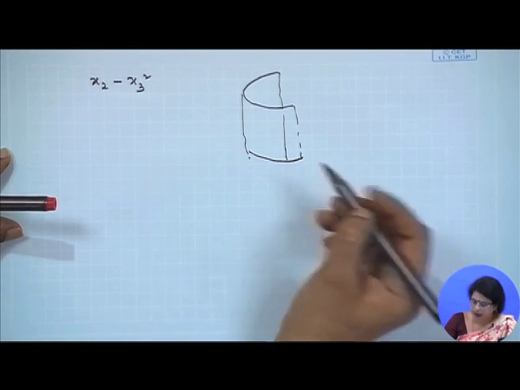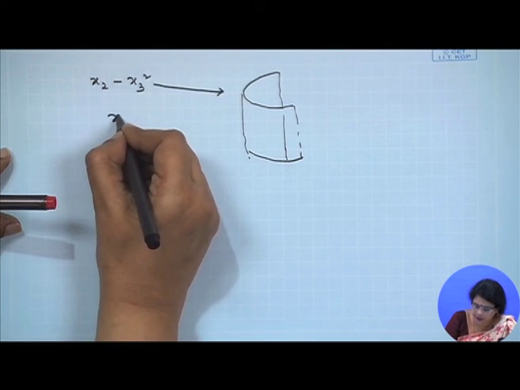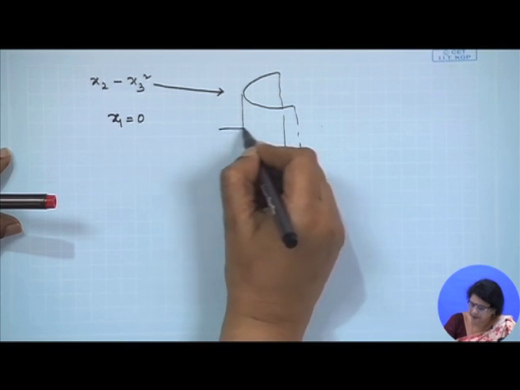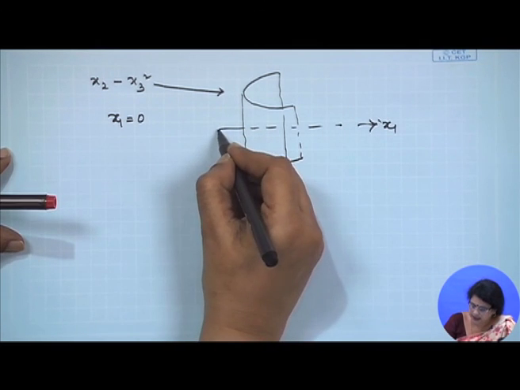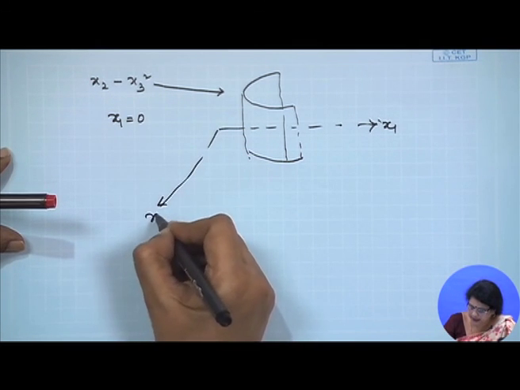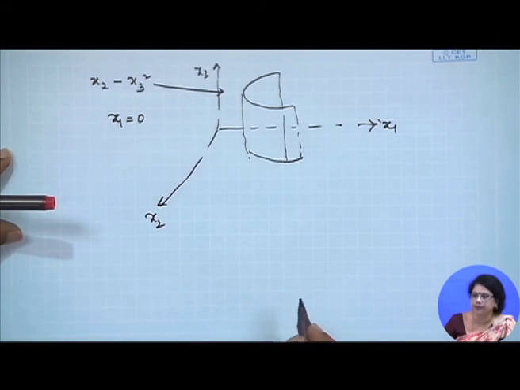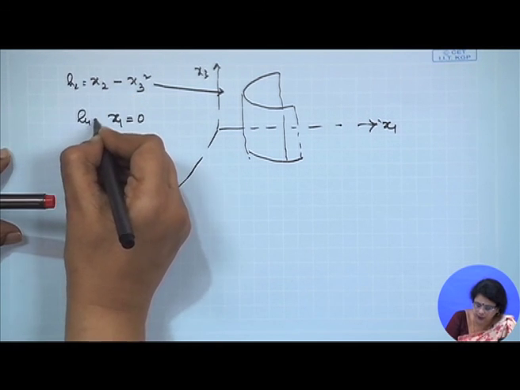Now, this is the surface. There is another constraint for you, x1 is equal to 0. This is the x1 axis, this is the x2 axis and this is the x3 axis, 3 dimensions. This is your h2, this is your h1.